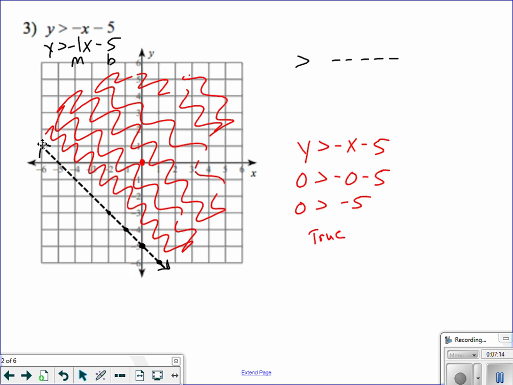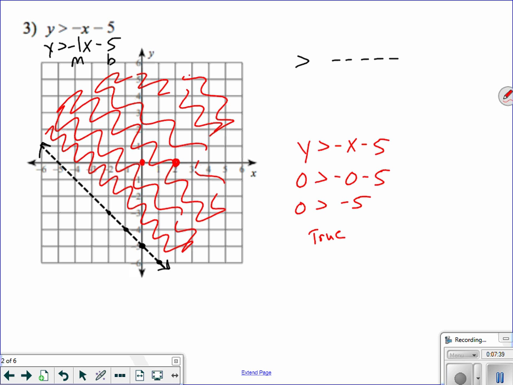Okay, and the reason we shade that area is because any point that we would pick in the shaded area would give us a true statement. Okay, so if I were to pick, let's say, the point 2, 0 right here. So x is 2, y is 0.